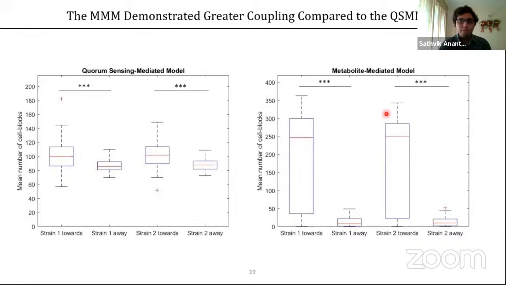In case of the metabolite mediated model, the strains that we're using are auxotrophs of an essential metabolite, which causes a much greater disadvantage as far as growth is concerned compared to a deletion of some non-synthetic lethal gene. So the fitness of each strain here in the absence of its mutualistic counterpart is practically zero, which would explain why there is much stronger coupling in case of the metabolite mediated model.